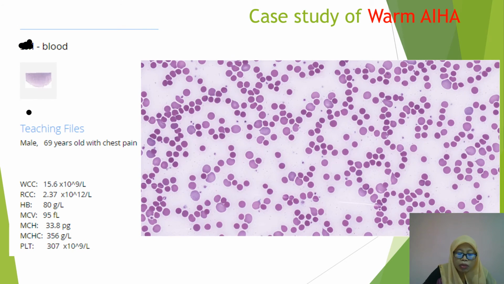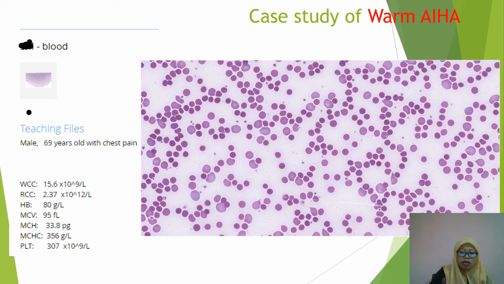So this is the blood film of this patient. There is a presence of numerous spherocytes with large, bluish RBC, which are known as polychromatic cells. The spherocytes are red cells which are small, dense, and have no central pallor. The majority of red cells are spherocytes.